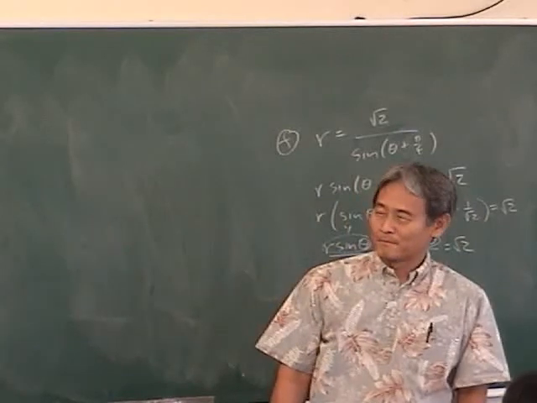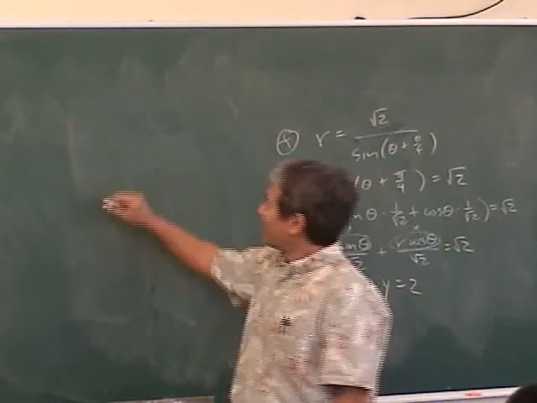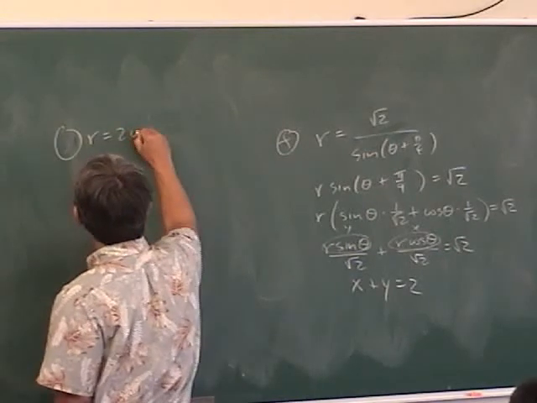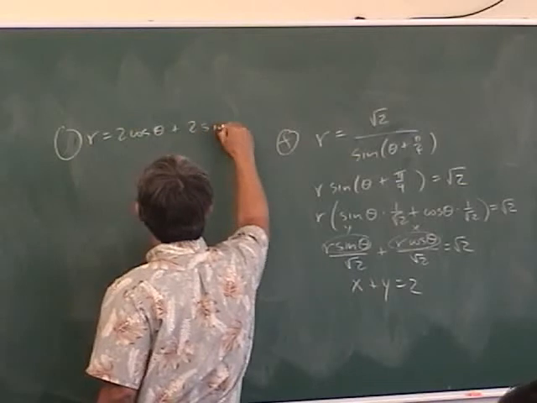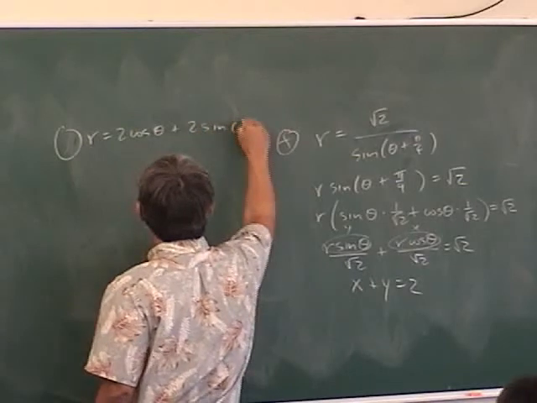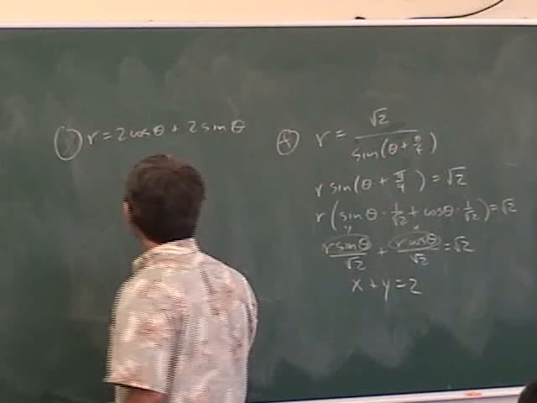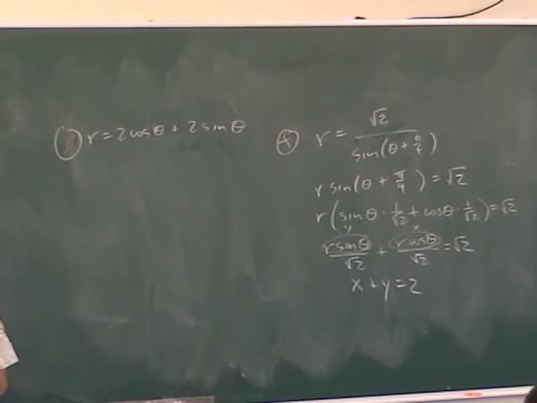J: r equals 2 cos theta plus 2 sine theta. Did I remember it? Yes. This is kind of like the one we did yesterday on the board, except I didn't give you this, but it's the same principle. What are you going to do to both sides?